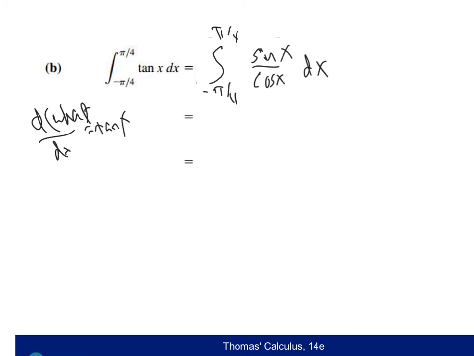In other words, I'm going to let u equal the bottom, cosine of x. Then du would have to be the derivative of cosine, which is a negative sine. So then I'm going to rewrite this problem as the integral of du over u with the negative, because I had to add that negative there, du.